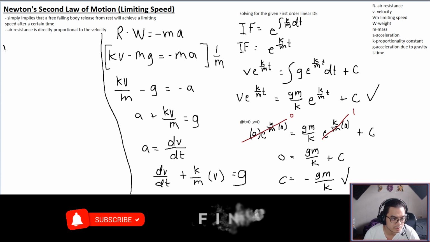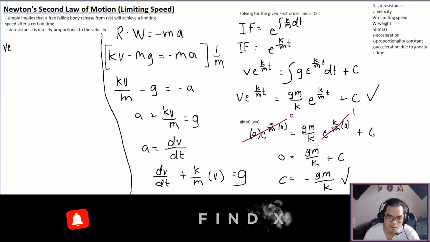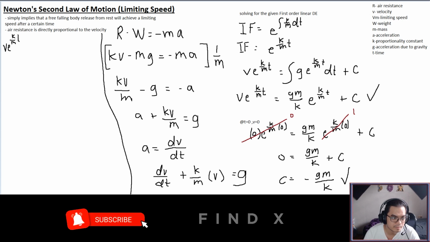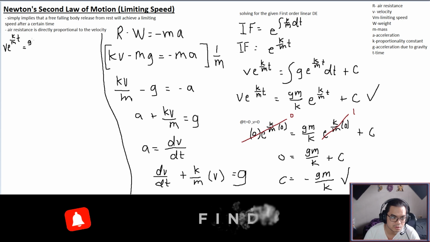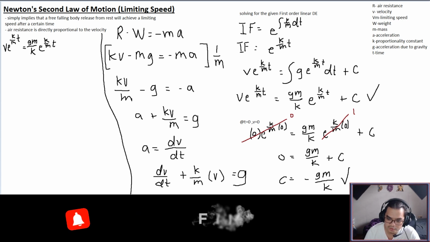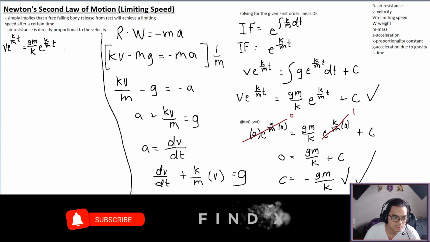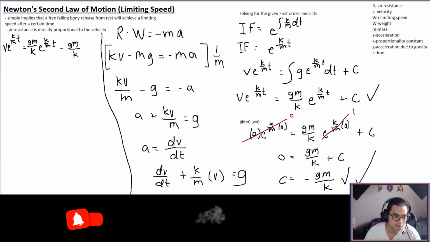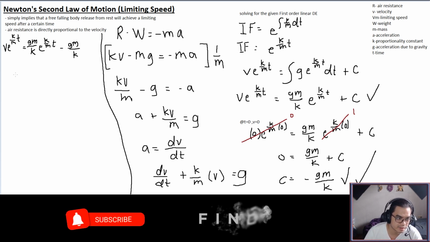So we'll have here v e raised to k over m t equal to g m over k e raised to k over m t again. But c is equal to this one, so this must be minus g m over k. So let's try to factor out. We can factor out gm over k on the right side.